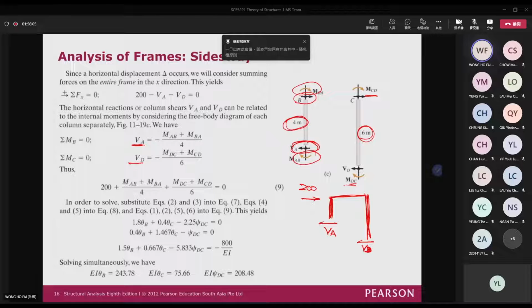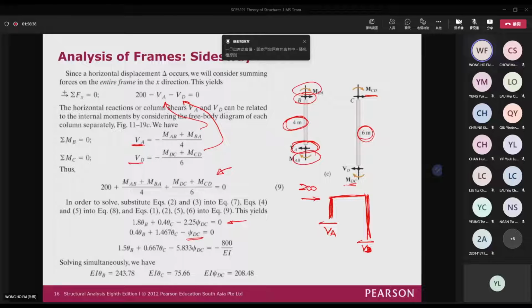So by using this expression, I can substitute back into my original equation. Then I have this expression, one more equilibrium equation, which describes the moments. Then you can substitute MAB, MBA, MDC, and MCD from previous expressions, and then you have one more equation here. Then you can see that I have phi DC in my equation.